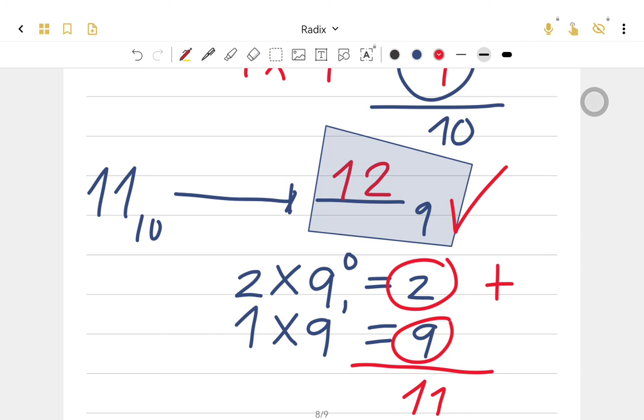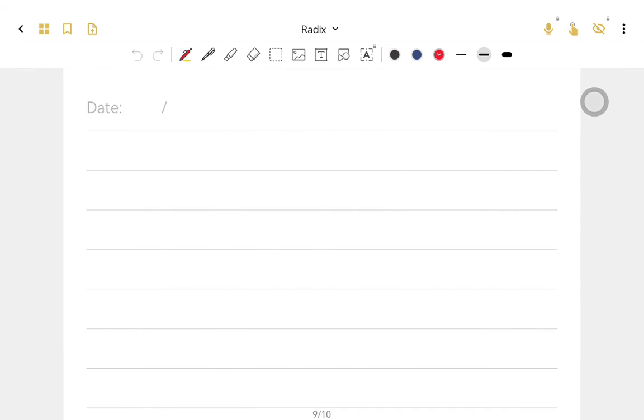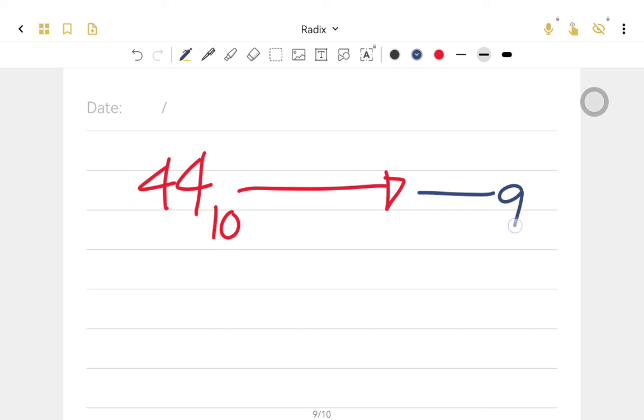Try this one. We have 44 with the base of 10. What will be its equivalent in the base of 9? So we'll have 44 divided by 9.